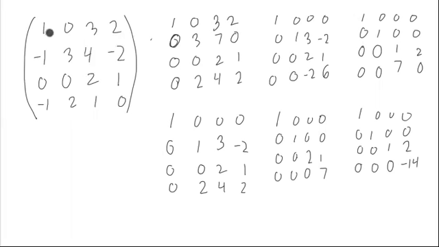So we're just using row and column operations. Right here, if we take the top row and add it to the second row and the fourth row, we end up having zeros underneath this one.